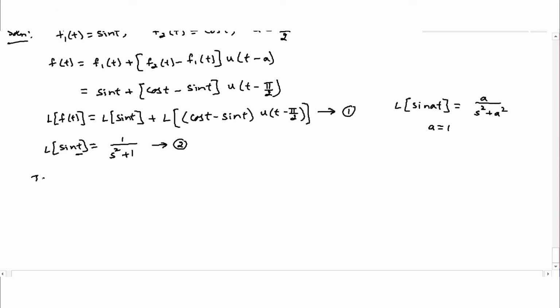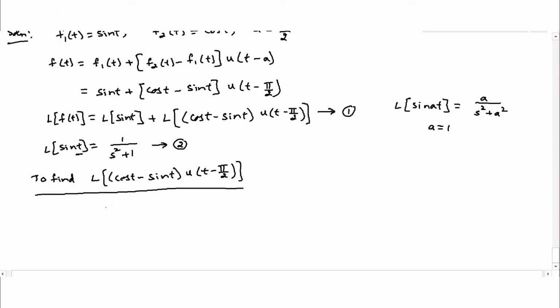Further, we need to find out the Laplace transform of (cos t − sin t) into u of (t − π/2). So let us try to find out the Laplace transform of this particular function.